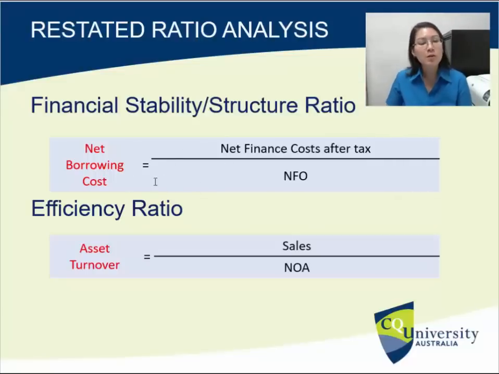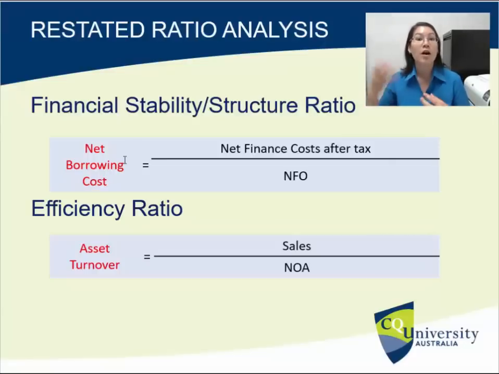And then that would be really interesting to compare to your firm's loan rates, because some firms in their financial statements will actually disclose how much they're paying in interest on their long-term borrowings in their notes. So you can say, well, I've calculated their net borrowing cost at 6%, but they're actually paying 7% on their loans. So actually this is really good.